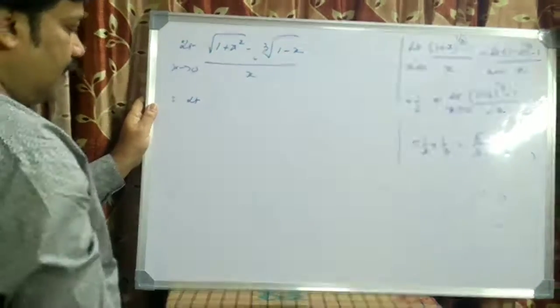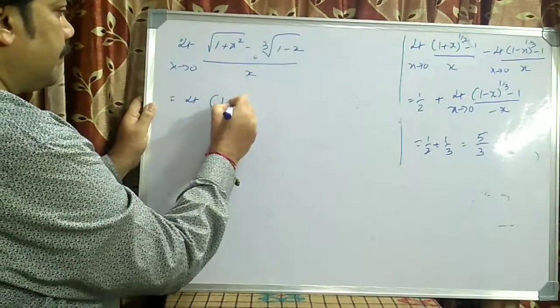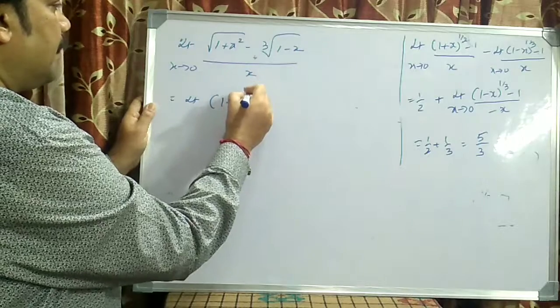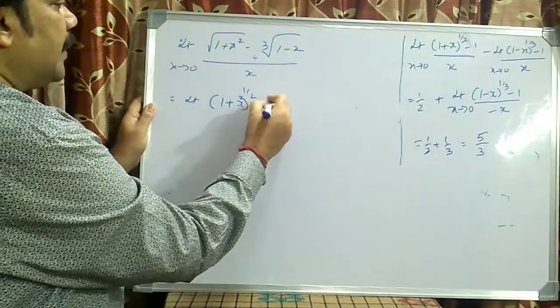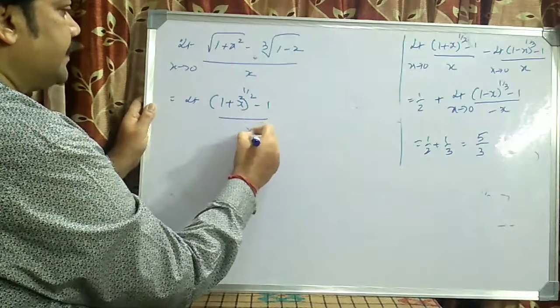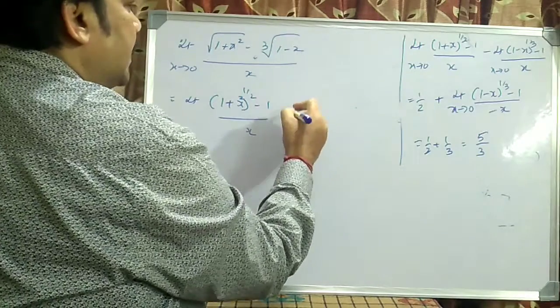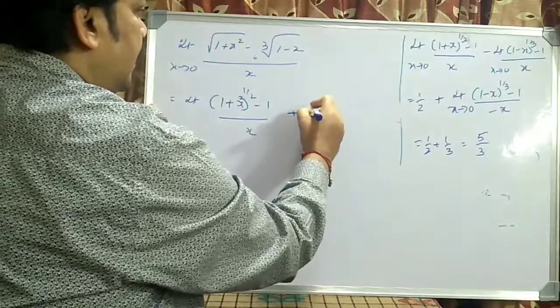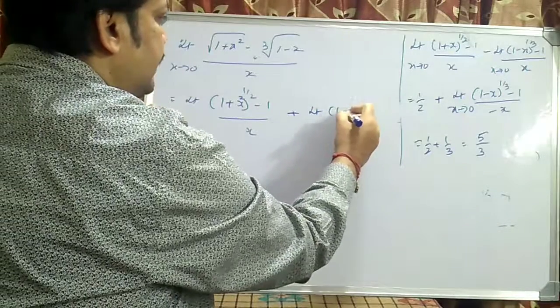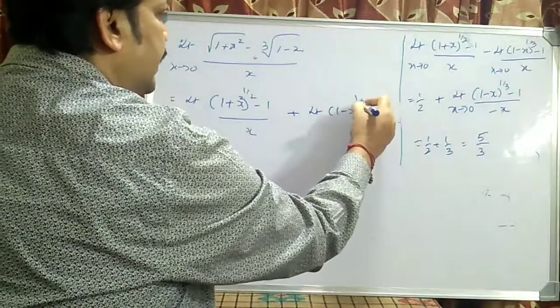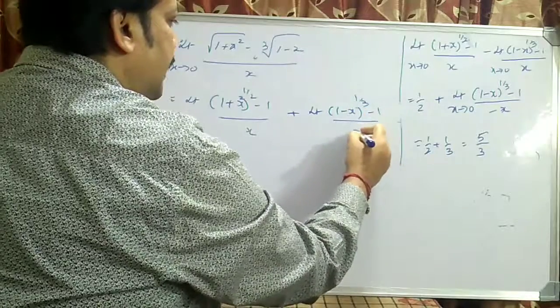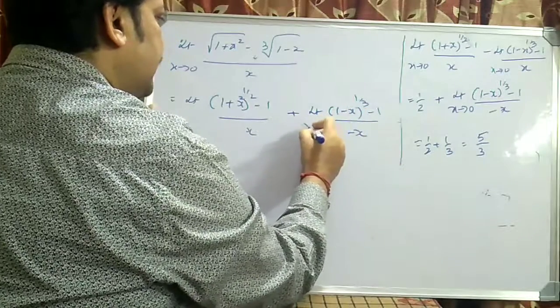That is (1 plus x square) whole power 1 by 2 minus 1, by x. Again, minus of minus I have taken as plus there. This becomes limit of (1 minus x) whole power 1 by 3 minus 1, by minus x, as x tends to 0.